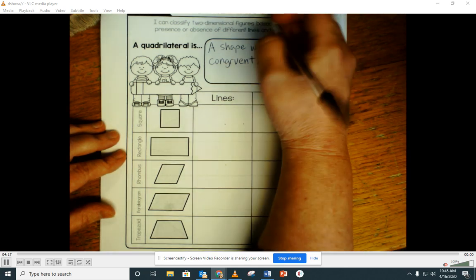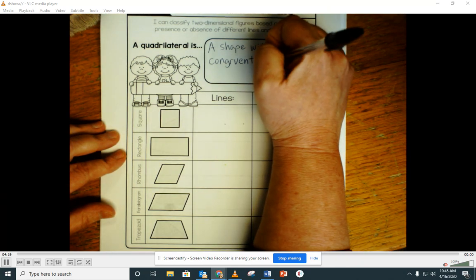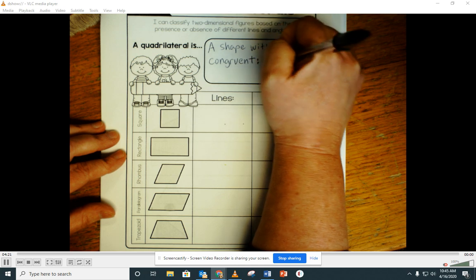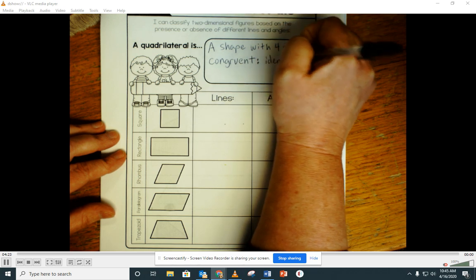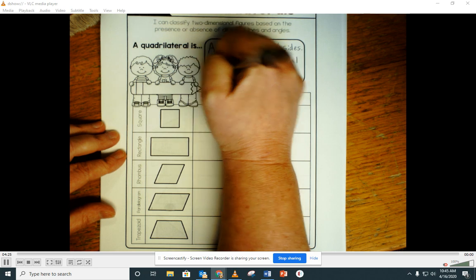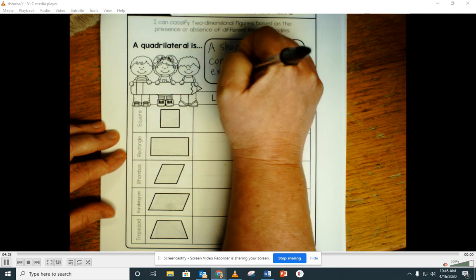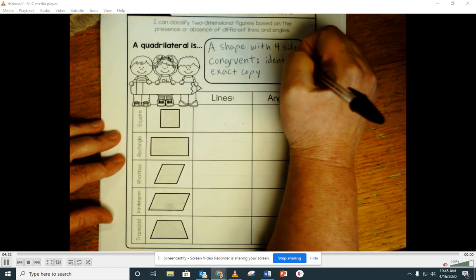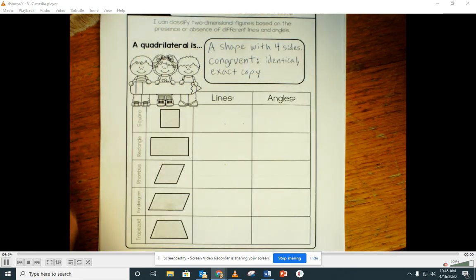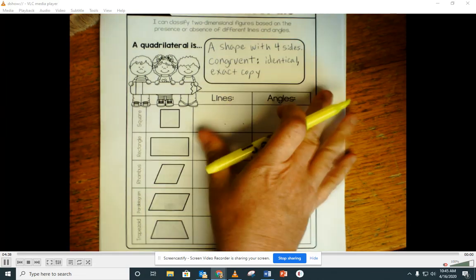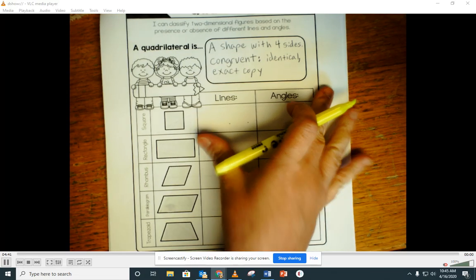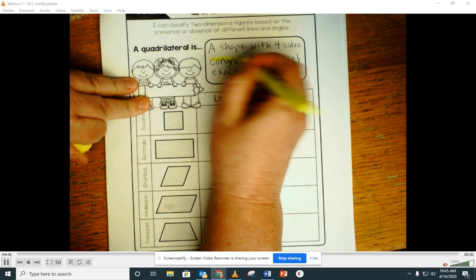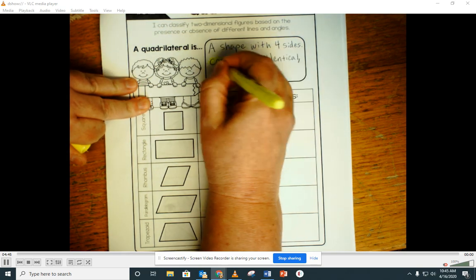Congruent means identical, or an exact copy. When I do vocabulary words, I like to highlight the word, so I know that it is a word that I need to remember.